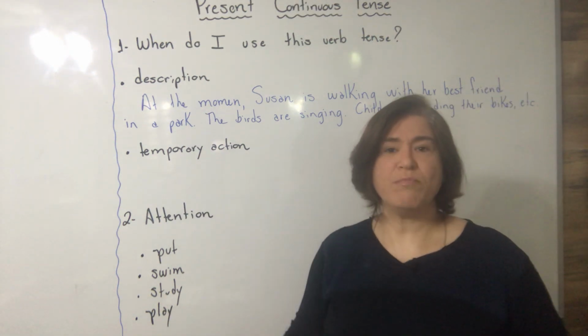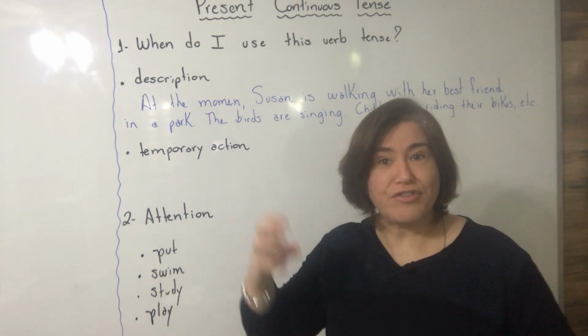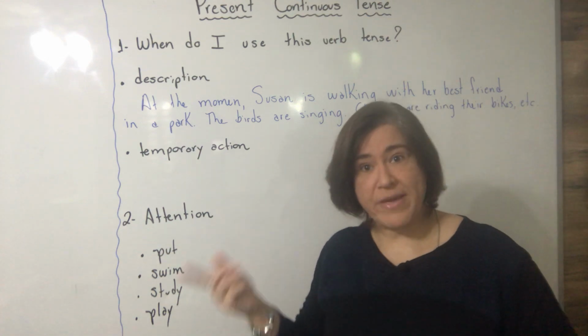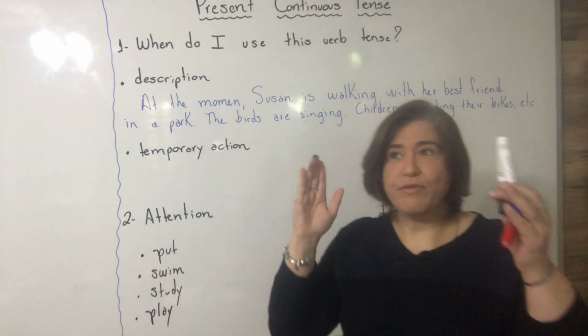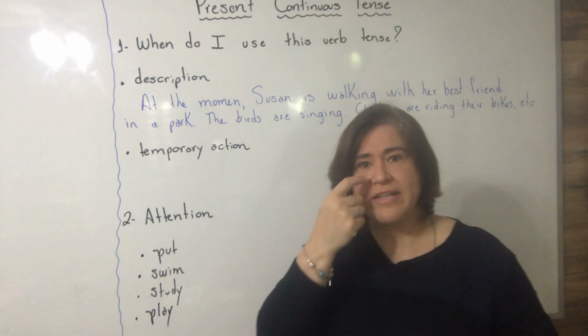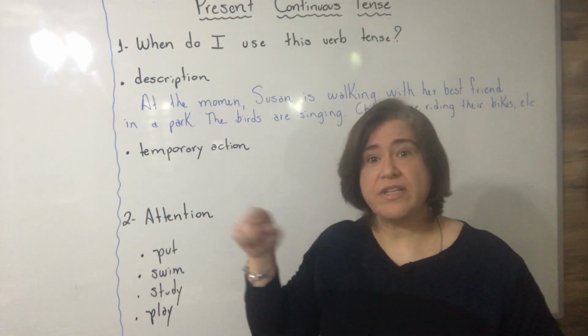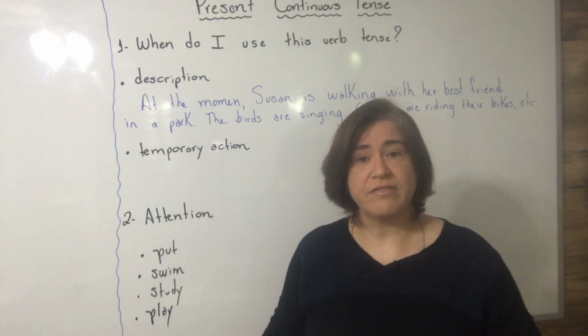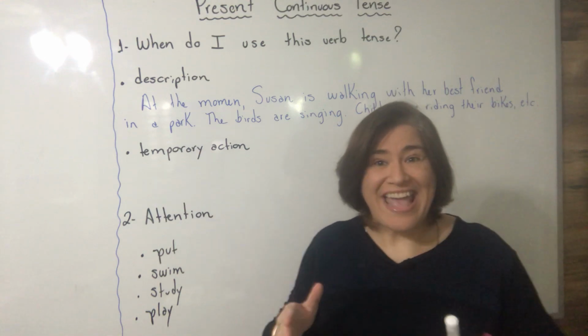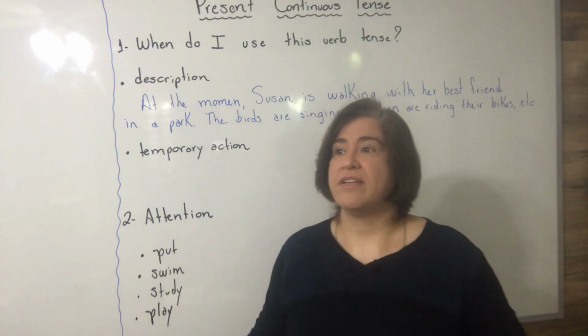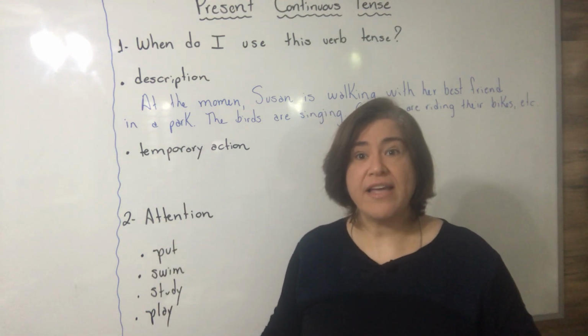Now, I am certain that you have a visual of Susan and her best friend in the park. So you visualize, it's a little film, right? You visualize Susan talking with her friend, okay? And at that moment, children are riding bikes.